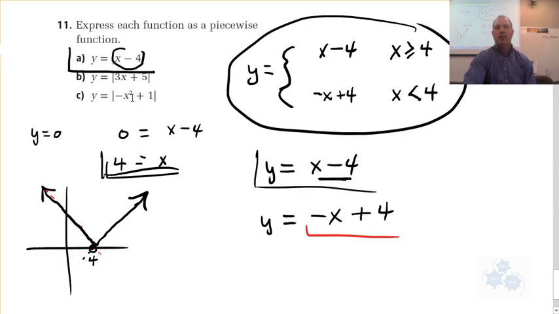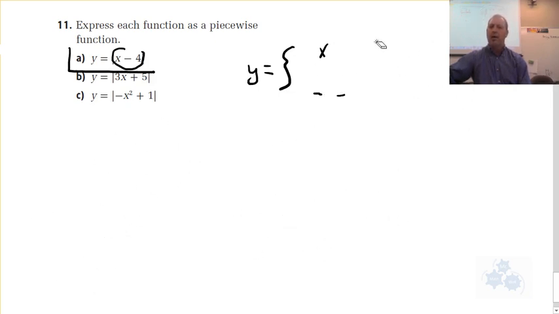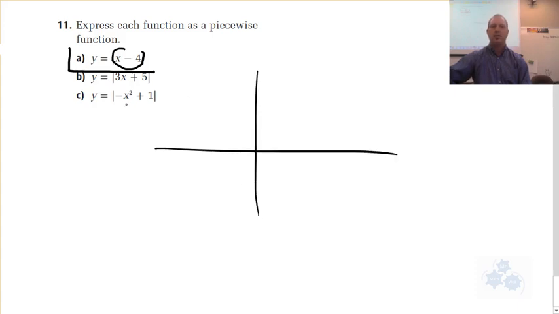Now, if you do one like this, again, what you want to strongly consider is what is this without the absolute value signs? So a negative x squared plus 1, if you're going to take a look at that one, let me just erase some of this. You might want to think ahead and say, okay, that's a parabola that is opening downward, right? You can envision the graph in your mind, that's no problem.